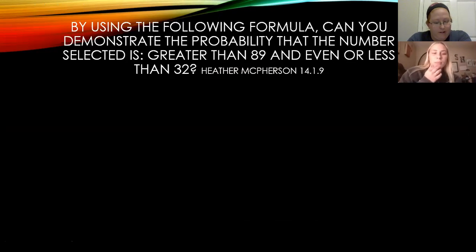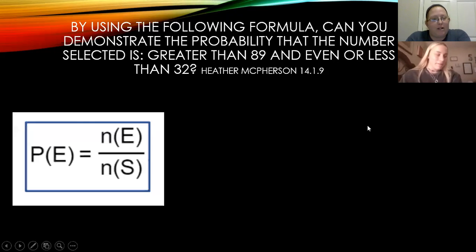Okay, and then by using the formula, can you demonstrate the probability that the number selected is greater than 89, or even, or less than 32? The formula we're using is P(E) equals N(E) over N(S), which is very confusing if you don't know what you're looking at.